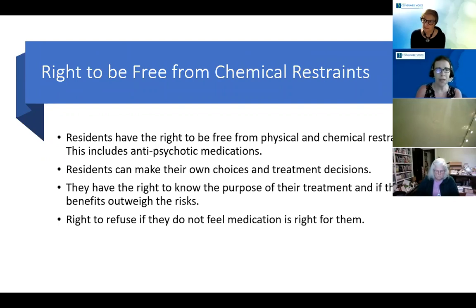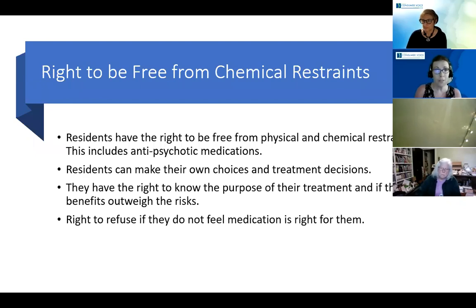And there are certain medications, antipsychotic drugs, that are sometimes prescribed not to treat a medical diagnosis, but instead are given to residents off-label to control the resident's actions, or the facility will call it the resident's behavior. They're also given, one way we look at it, for staff convenience. And this is considered a chemical restraint. When these drugs are given off-label, they pose huge risks, particularly for residents with dementia.